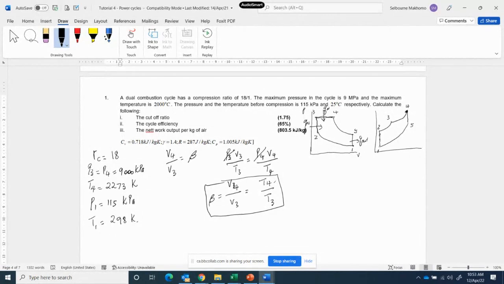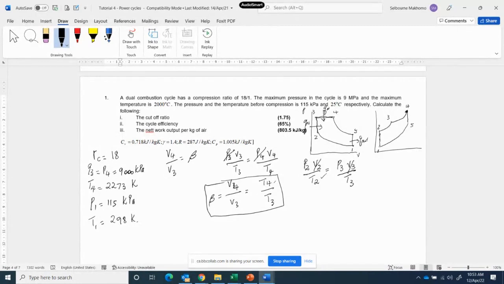Now we are looking for 3. We will say that P2 V2 over T2 is equal to P3 V3 over T3. We are looking for T3, but we know that V2 is equal to V3. It's a constant volume, so they cancel each other.